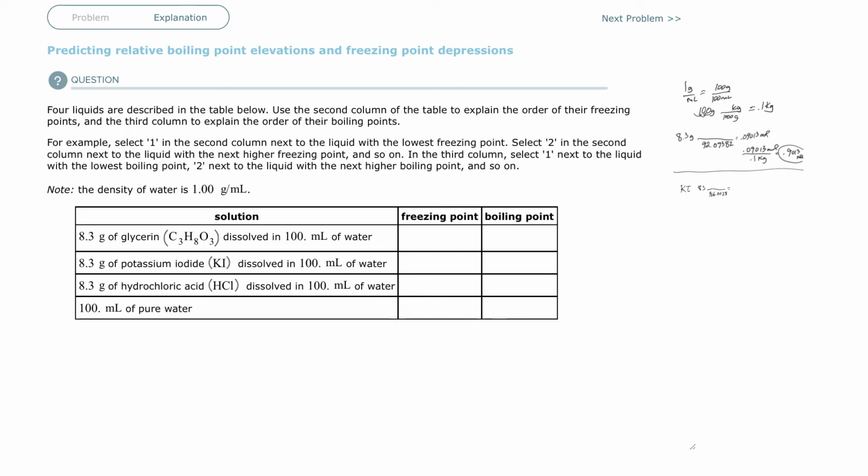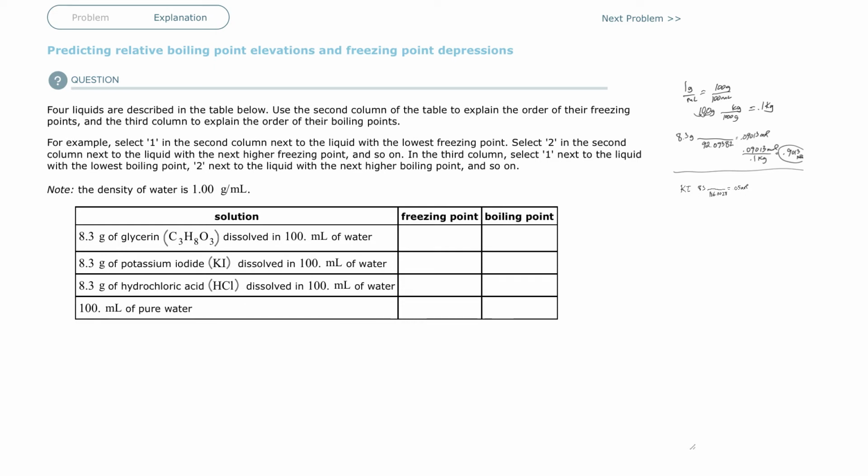That gives me 0.05 moles. Now I ask myself a question. When I put a salt like this, the K on the left side of the periodic table is positive, the I is negative, so it breaks apart into K's and I's. So that breaks apart into two things.